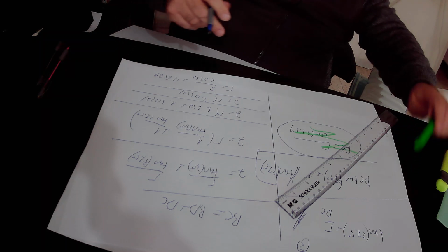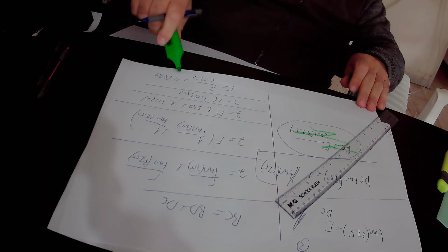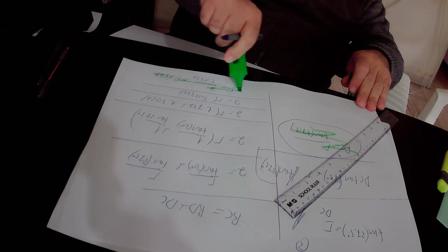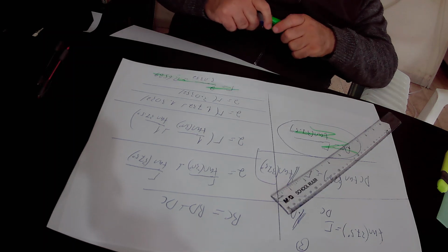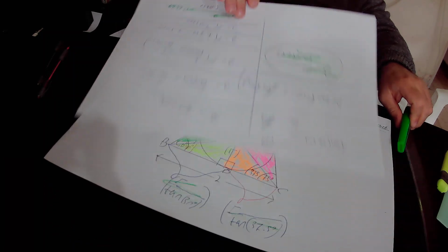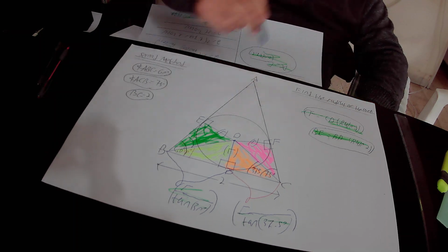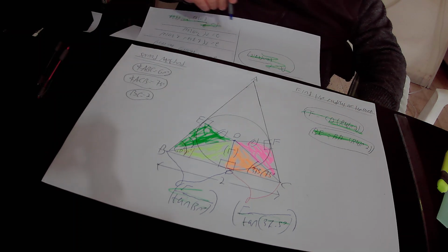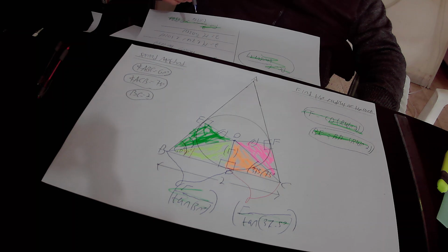Okay, so we found that the radius R of this circle equals 0.6589 units.